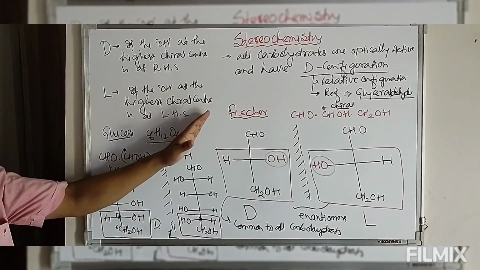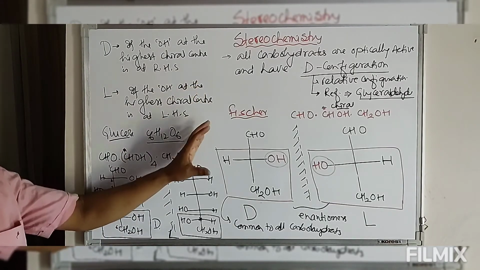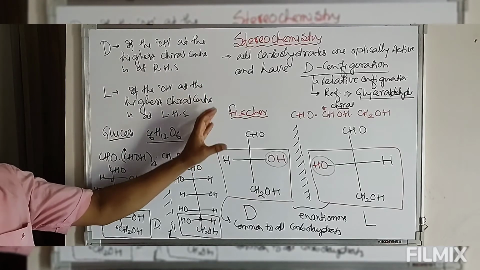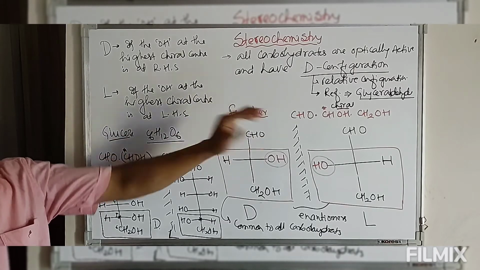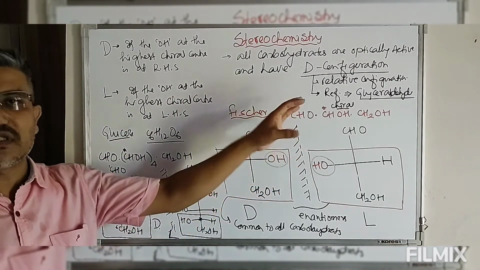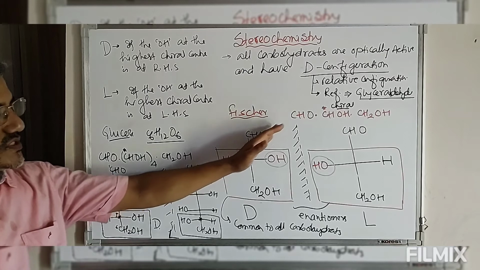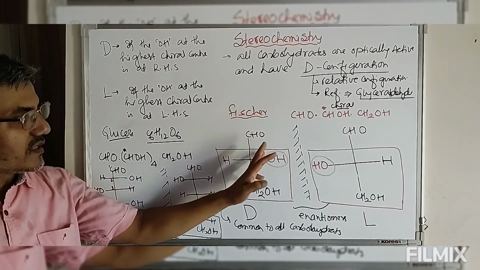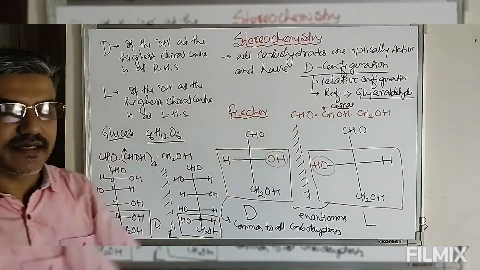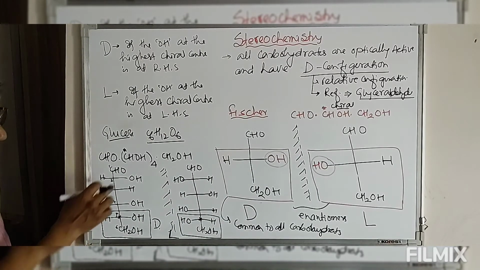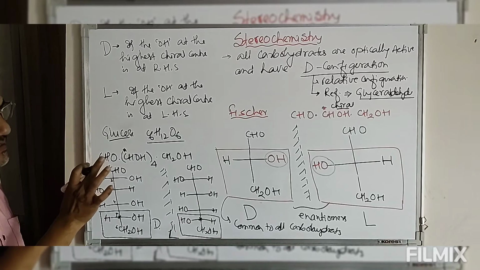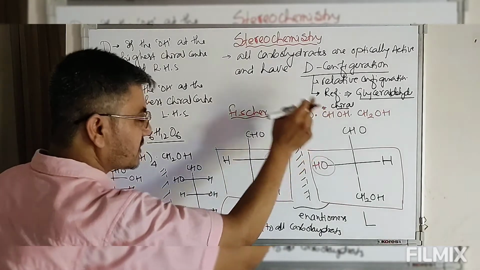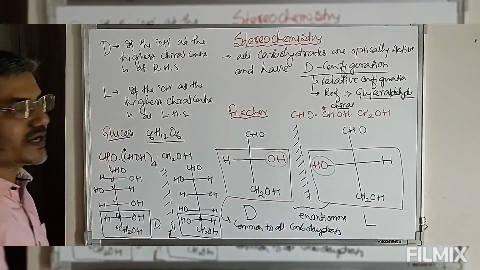So this is what we call the relative configuration of the carbohydrates. This is based on the Fischer projection formula, and the reference compound used for this relative configuration is glyceraldehyde. Now in this glucose molecule we have 4 chiral centers, whereas in glyceraldehyde we have only 1 chiral center.